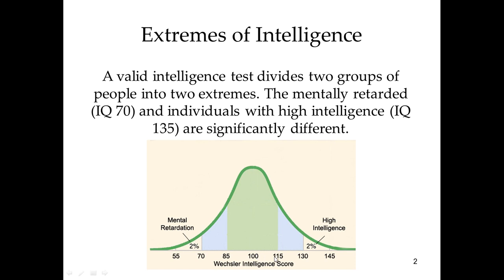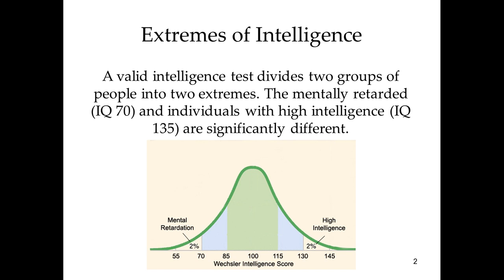And 1 standard deviation in the positive direction gives you a score of 115. 1 standard deviation in the other direction gives you a score of 85. So from this we can determine that the standard deviation is 15. So the cutoff points for normal intelligence are 2 standard deviations above and below the mean.